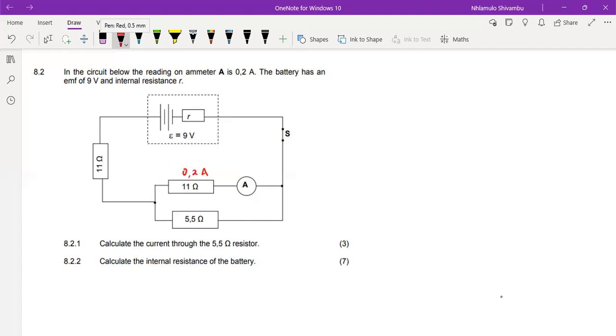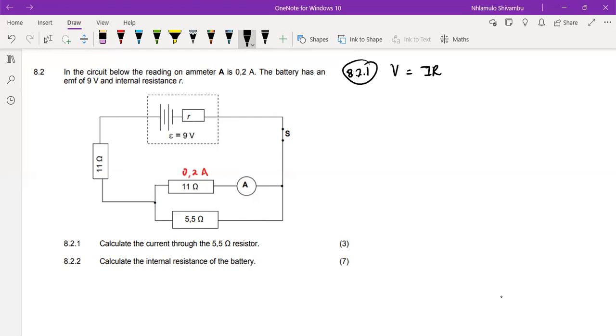We realize that we need to know the potential difference, or the voltage. If we use the formula V equals IR to calculate the current, we're short of the V. So before we get the I, we need to get the V first.